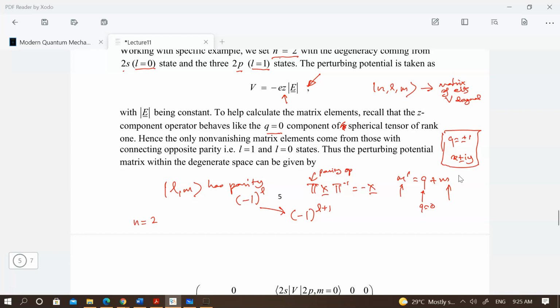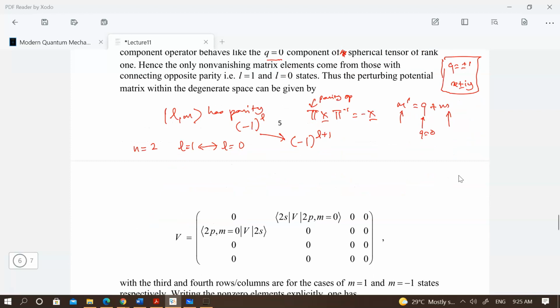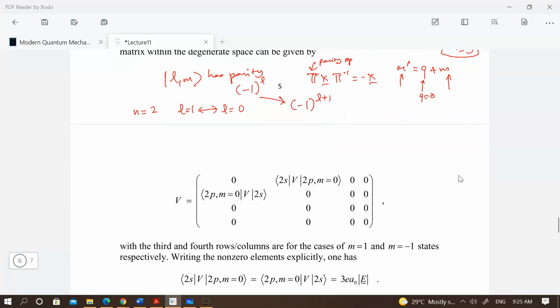It should connect the states l equals 1 with l equals 0. So let's write down the matrix element in this particular case. This is the l equals 0 state.